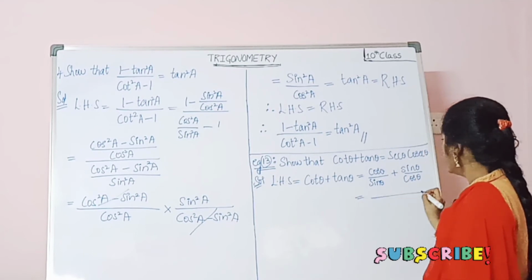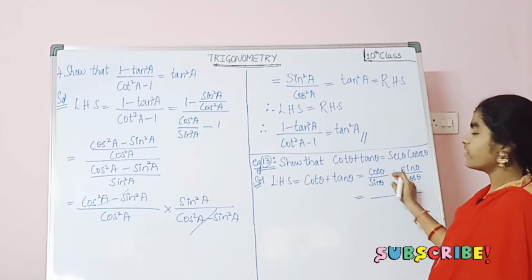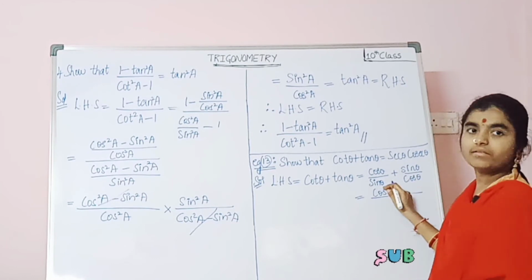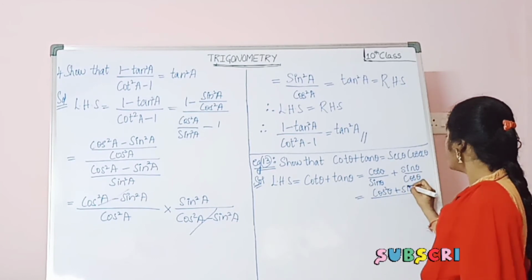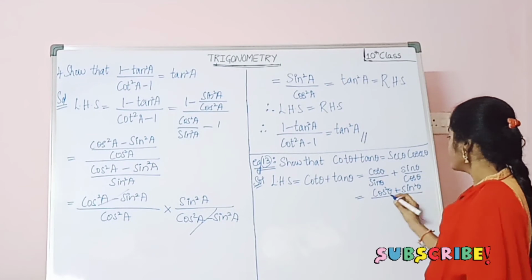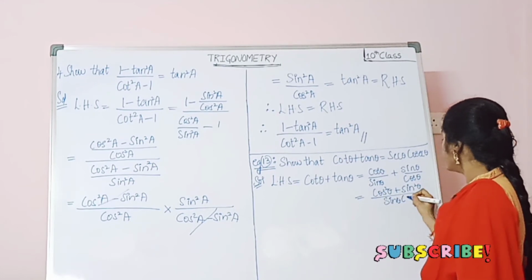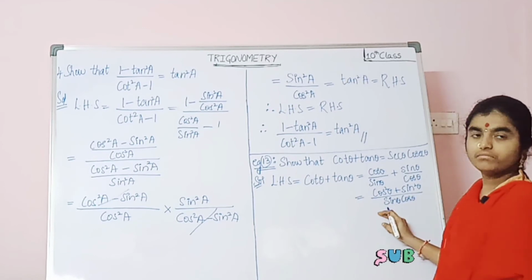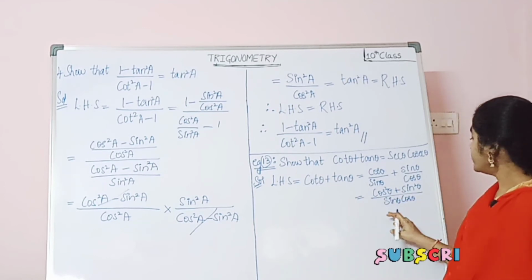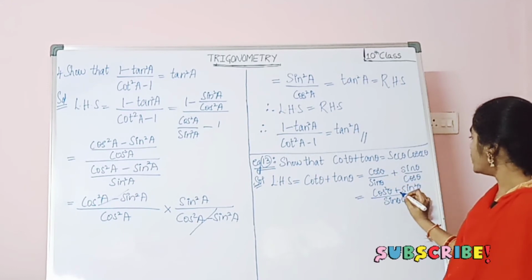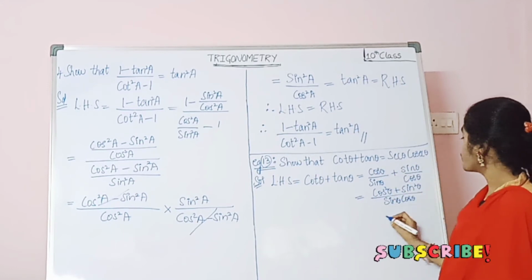Now we have to take LCM here: cos theta into cos theta, cos square theta, plus sin theta into sin theta, sin square theta, by sin theta into cos theta.